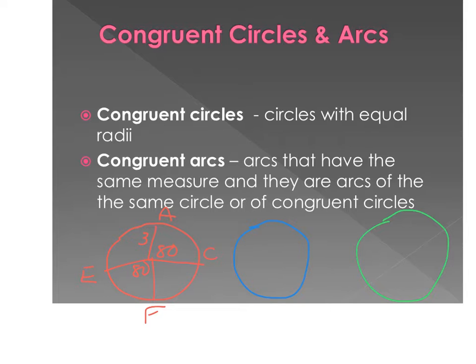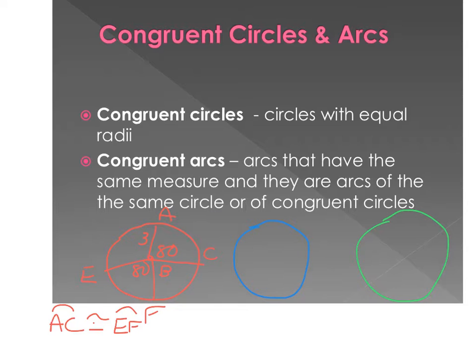I can see here that I have two congruent arcs because I know that the arc length is the same as the measure of its central angle. If I make this center B, I could say that AC, that minor arc, is congruent to EF because their central angle measures are the same.